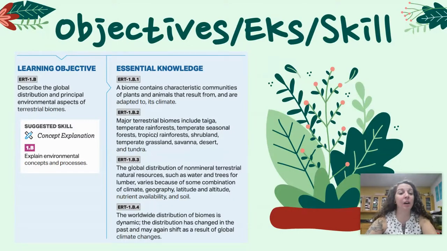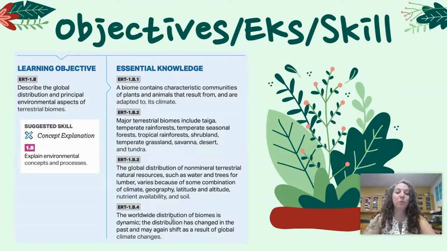You need to know these, okay? You need to know what the precipitation is like there, what the temperature is like there, what adaptations things would need to live there. You're going to be able to tell me the distribution of these resources like water, trees, and that those things vary because of climate, geography, latitude, altitude, nutrient availability, soil, and that biomes aren't fixed.